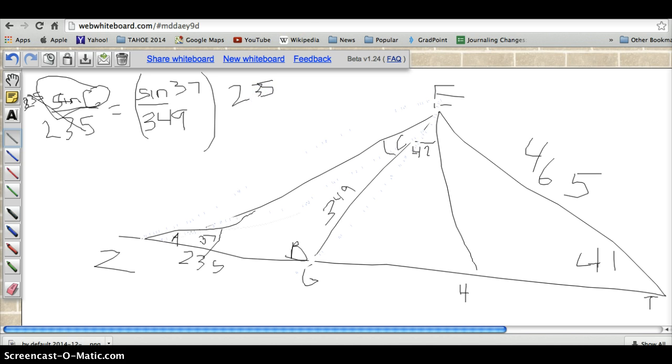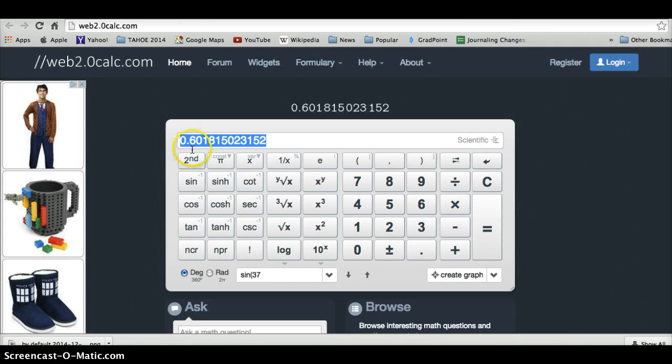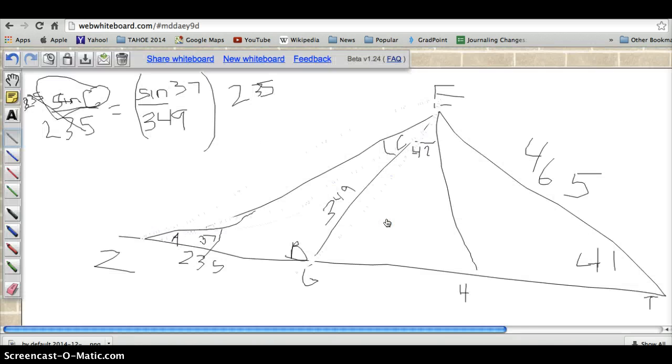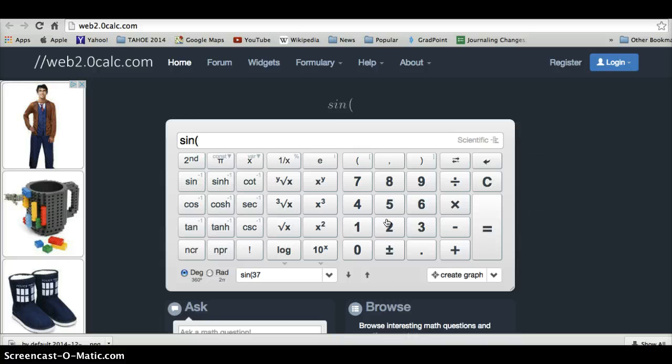So then I go to my calculator and I'm going to clear and do the sine of, I already forgot, sine of 37 divided by, oh wait, actually, let's go back.